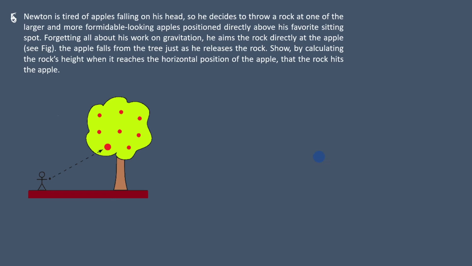Let the initial speed and angle be VO and theta, and let the horizontal distance to the apple be L. Then the time for the rock to reach the horizontal position of the apple is, so we can illustrate this condition that VO has a direction like this. We can separate the vector VO into vertical and horizontal components: VOY in the vertical direction and VOX in the horizontal direction.